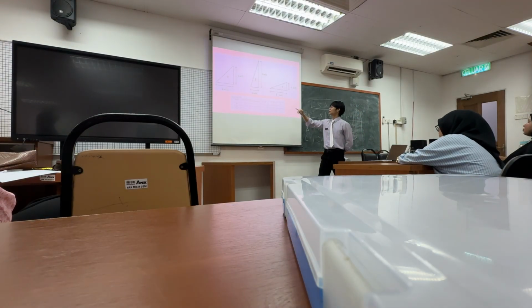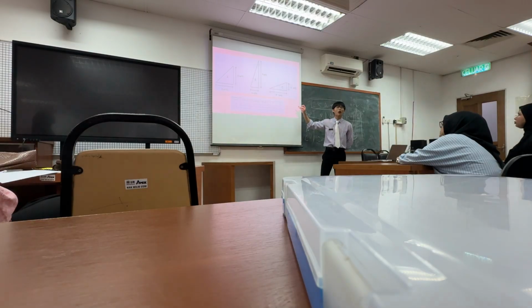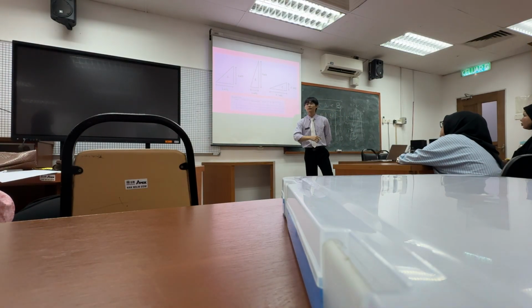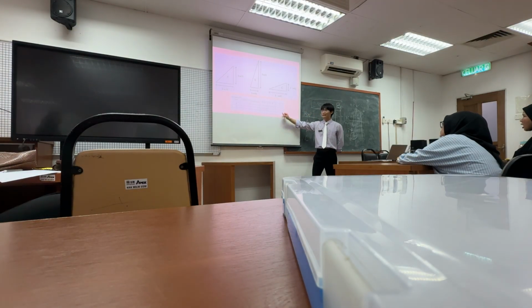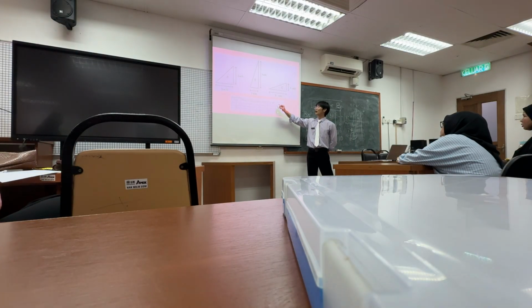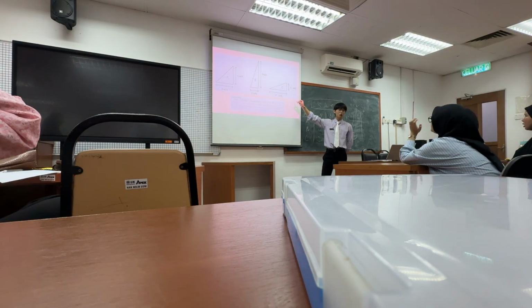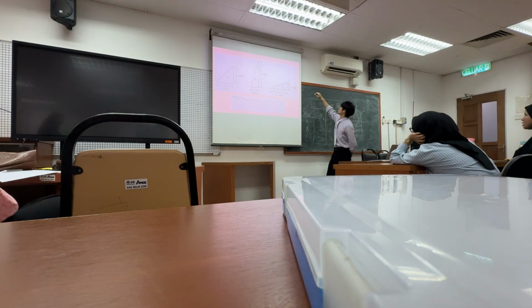Recall what you learned in your chapter on ratio: a fraction is equivalent to the ratio of the above to the below, which means the ratio of the vertical distance to the horizontal distance.